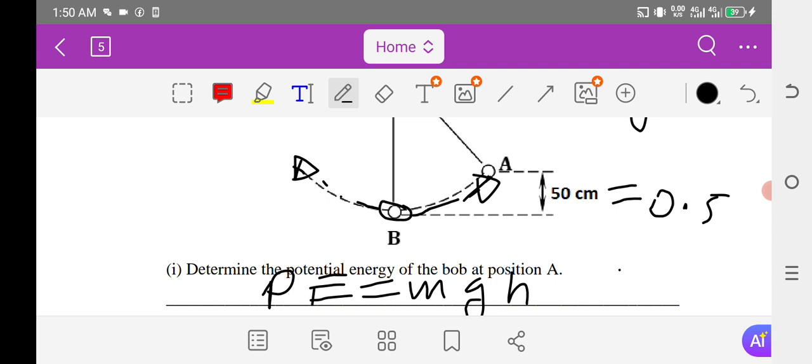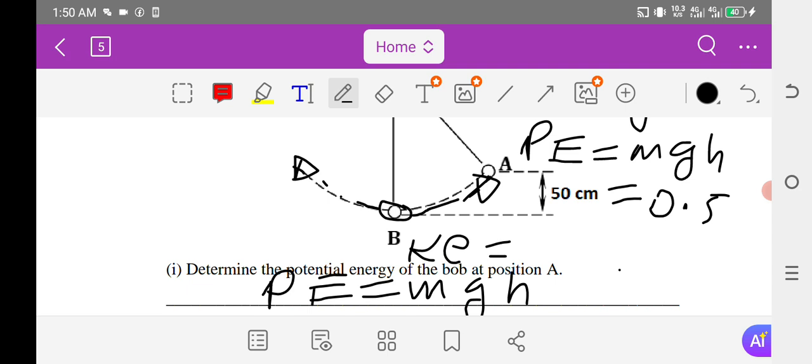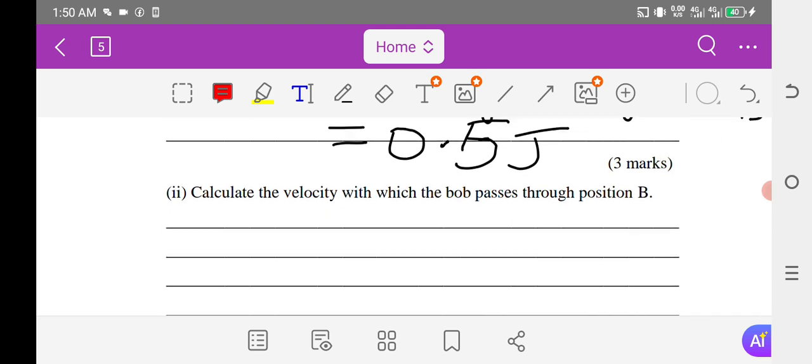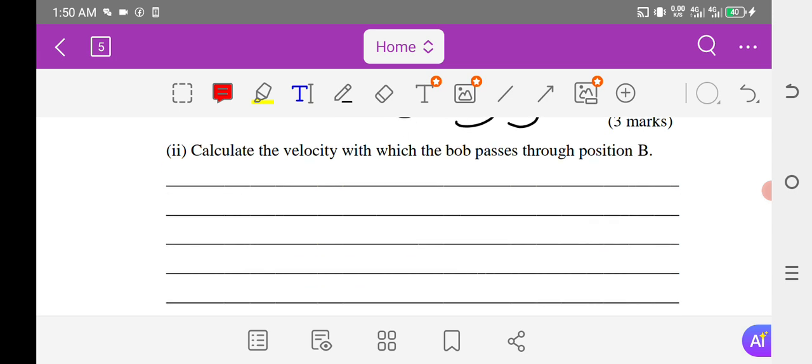At A, it has potential energy, which is mgh, while at B, it has kinetic energy. The potential energy is going to change to kinetic energy, with the value half mv squared. So mgh is now becoming half mv squared, and that's exactly what you're going to apply here in order to solve for velocity.